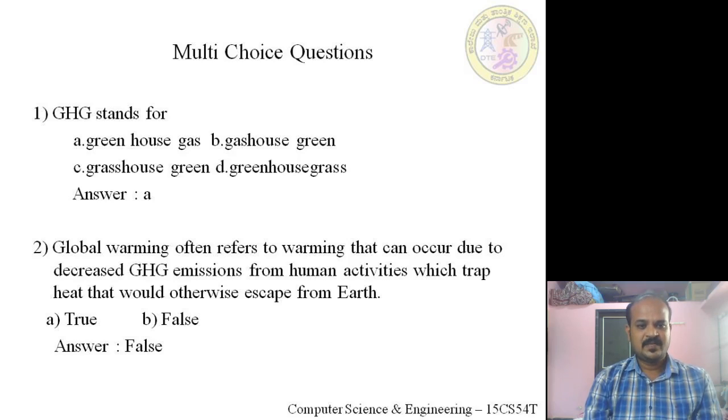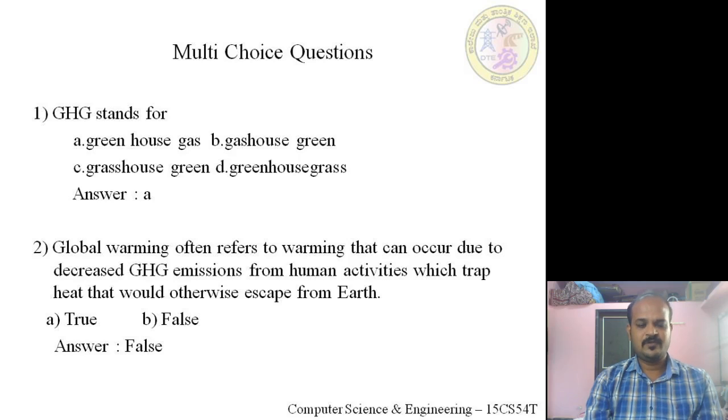Okay, next we'll move on to the second question. So here they have given one sentence. We have to tell whether that sentence is true or false. Okay, so what is that sentence? The sentence is: global warming often refers to warming that can occur due to the decreased GHG emissions from human activity which trap heat that would otherwise escape from earth.